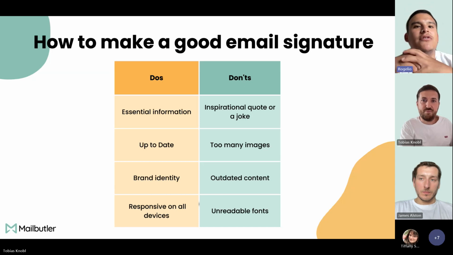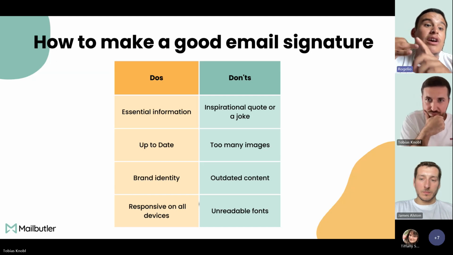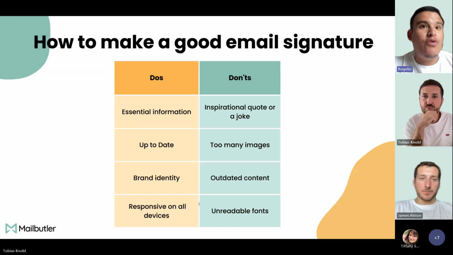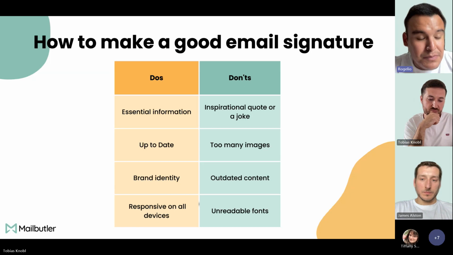Then make sure that everything is up to date. For example, sometimes when you change to another company or when you change something, you need to make sure that you are up to date with all your personal and contact information as well. And something very important that we were talking a lot about is branding. Brand identity is always very important.